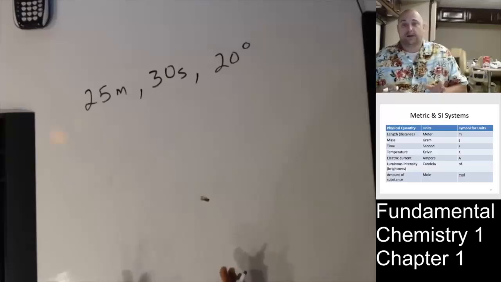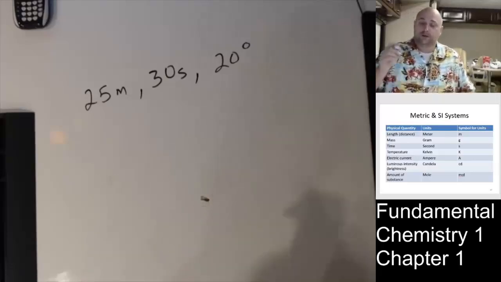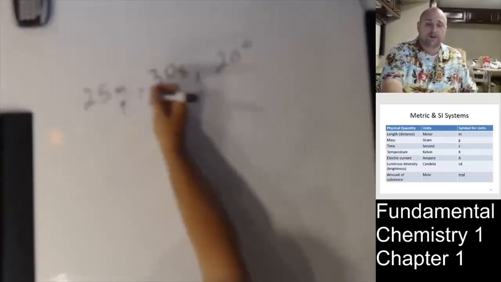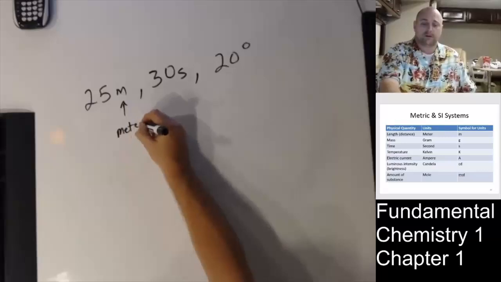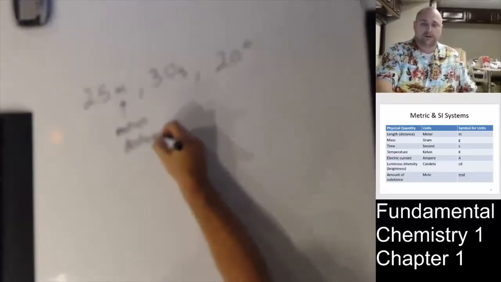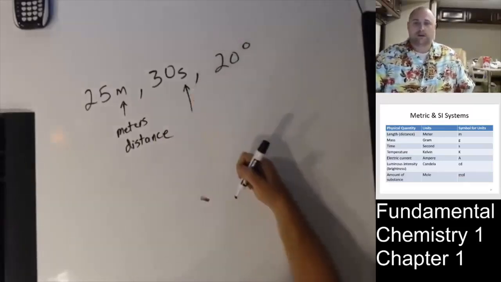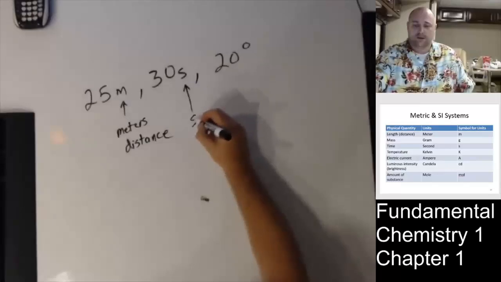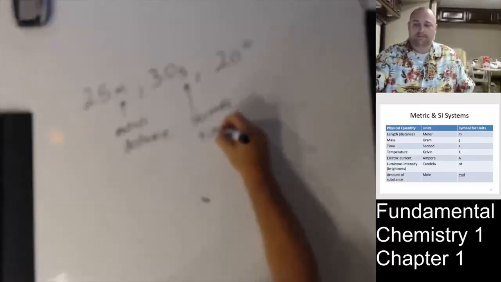And the easiest guide for how to do that is by learning to look at the units. All right, the units guide us through a lot of things. So when this is lowercase m, this is meters, and it's telling me distance. And when I see something that has an S, that's seconds, and it's telling me time.